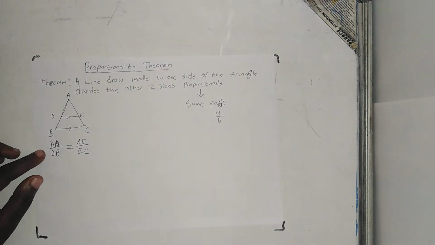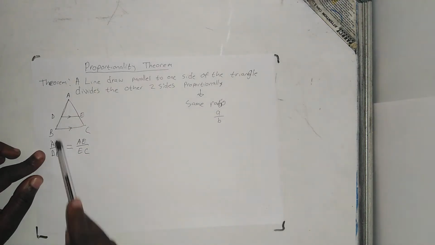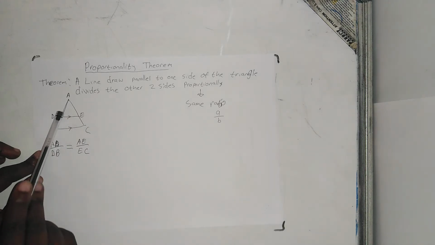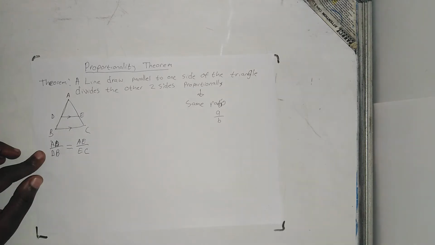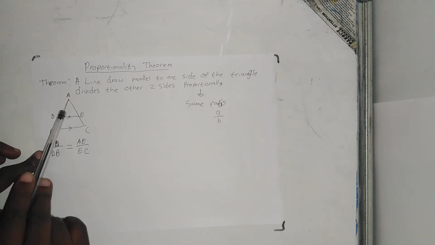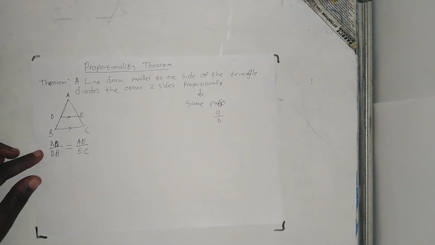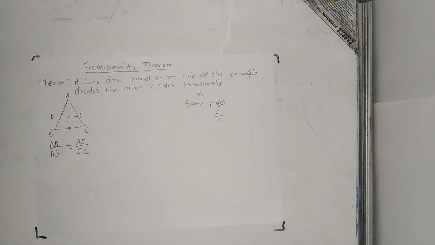Ladies and gentlemen, let's say we are given this triangle, and we are given this side and this side and this side, and we are looking for this side. Then we are going to use this theorem. And also, let's say you've got this side and this side and this side, and you are looking for this one. You are going to use this theorem as well. All right.